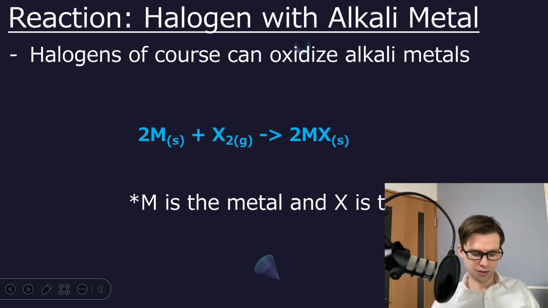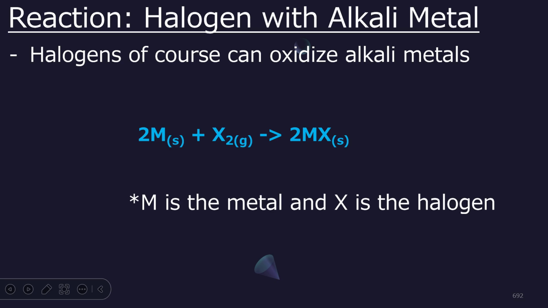So here's the general equation. 2M solid plus X2, that's the halogen gas, goes to 2MX, a new salt, metal halogen salt. So I'm trying to think of some examples, maybe like lithium metal with fluorine, F2, we'll make lithium fluoride salt. Pretty simple.